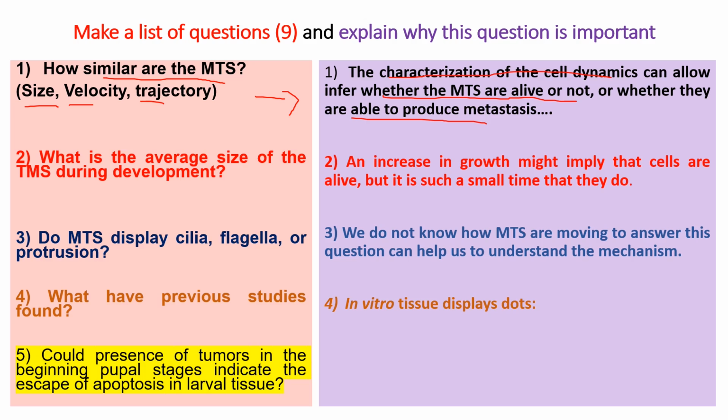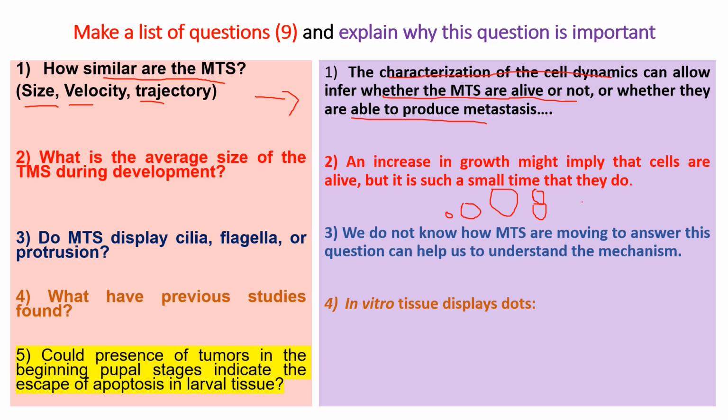You can ask another question, like, what is the average size of the tumor spots during development? And why? Because maybe if they start growing and growing, or you can see them divide, you can think that they are alive.